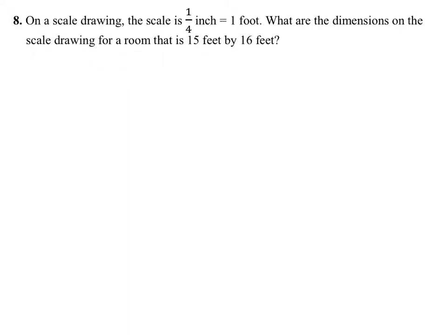All right. So 1/4 of an inch is a foot. This also means that 4 inches would be 4 feet. I'm sorry, that's not 4 inches, that'd be 1 inch. 1 inch is also 4 feet. You can change the scale if that helps you, but notice both of them are unit rates, 1/4 inch per foot or 4 feet per inch.